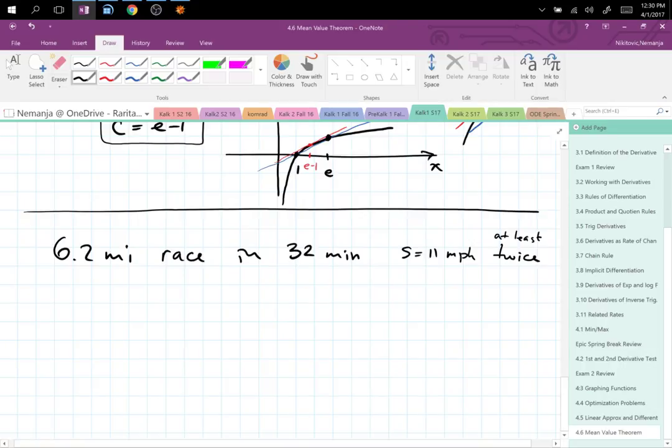Like, because he could be running 11 miles per hour for like a second, and then like twice. You know what I mean? Well, the trick is that you have to start running at 0, and when you're done, you stop running. That's the object, to actually finish the race, and then you don't have to run anymore.